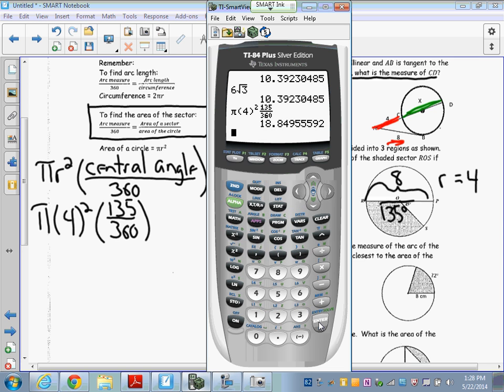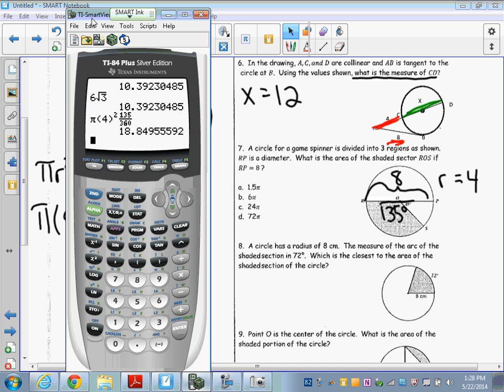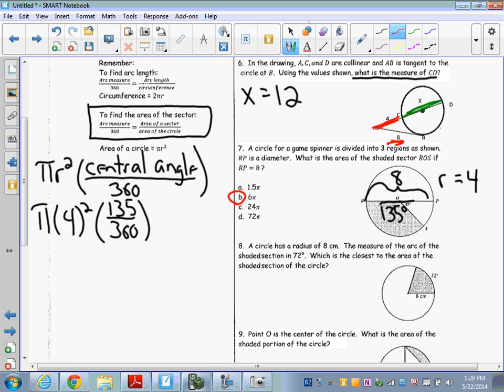And I get an answer of 18.849, and it keeps going on forever. So I need to get this in terms of pi. There's a couple ways I can do this. I can either divide it by pi, which is 6, or I can keep entering values in until I get the correct answer. So B will be my final answer, 6 pi.